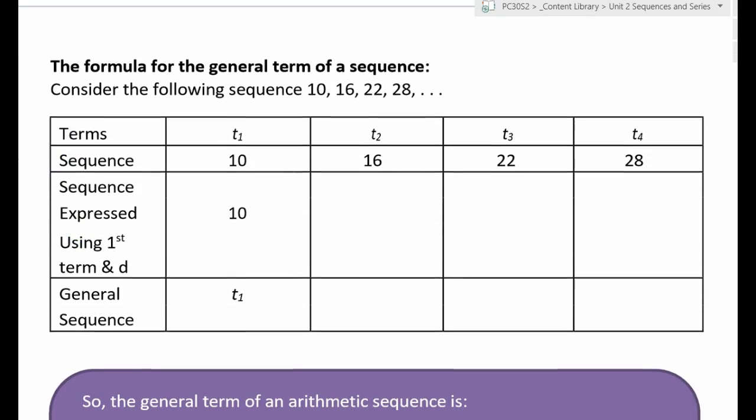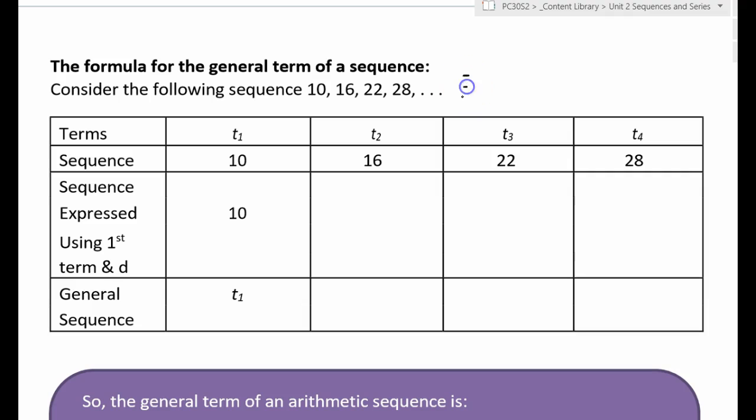So how do we talk about this? Given the sequence 10, 16, 22, 28, what can you already tell me about it? Well, it's increasing. Its d value is 6. And because I'm adding the same amount every time, it's an arithmetic sequence.